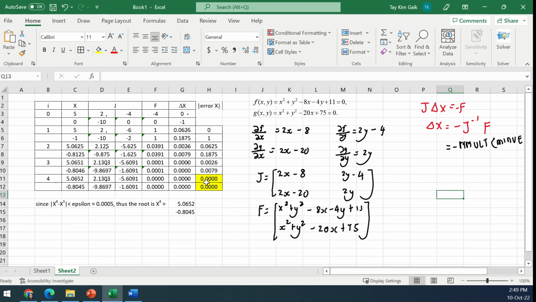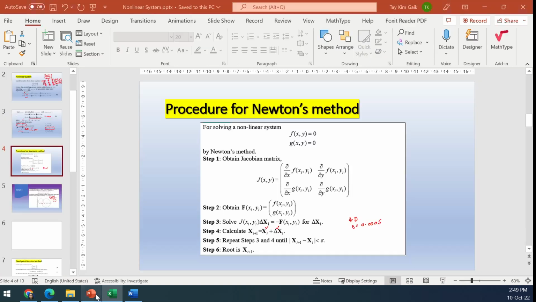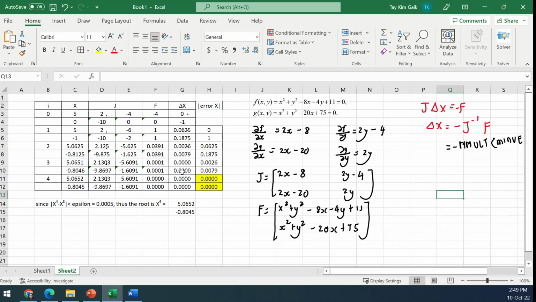Meaning if you use this criteria, follow here: repeat step 3 and 4 until the modulus of xi plus 1 minus xi is less than epsilon. If you use delta x, because delta x is the change, and delta x is less than epsilon, then you can stop at i equal to 3.